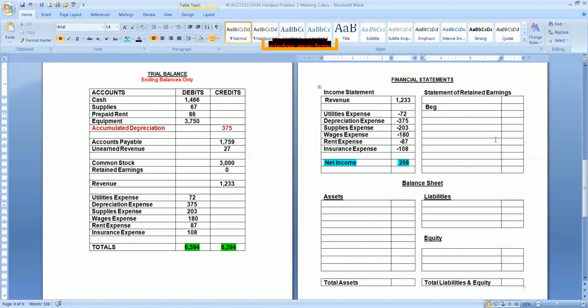Beginning retained earnings is 0, and that's because this is our first year in operation. Earnings are the same thing as income. I'll do this at the bottom, but earnings are the same thing as income. So when I say retain, that means that they kept the income in the company.